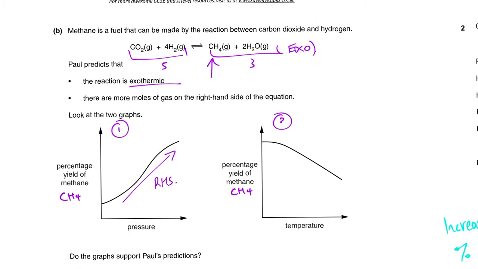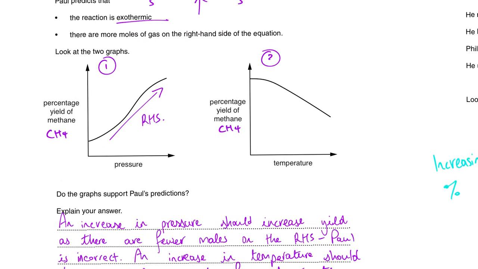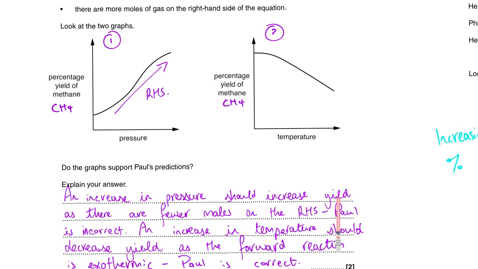And my key thing for us to spot here is that if I increase pressure, I should increase the yield, but different to Paul's thing, because when I increase pressure, I move to the side with the fewer moles. Paul reckons there's more moles on the right-hand side, while the graph is suggesting the opposite. So that means Paul is incorrect.